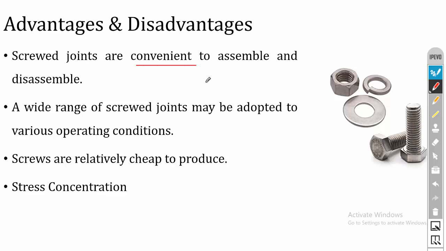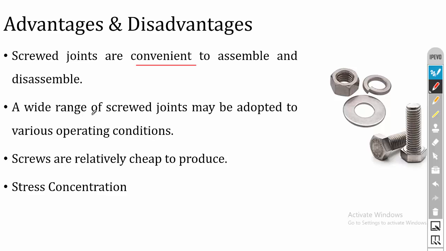The second point is that a wide range of screw joints may be adapted to, so different ranges of screw joints are available. We have a set of set screws, we have different cap screws, and we have different diameters of bolts and nuts. These different types of bolts and nuts can be suitably selected for your given application.